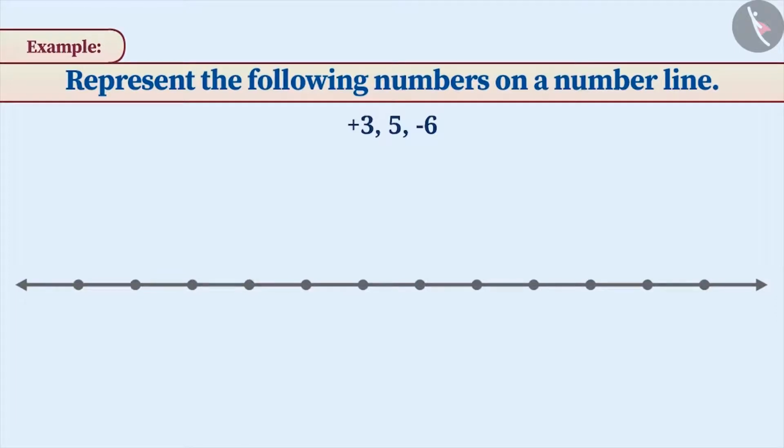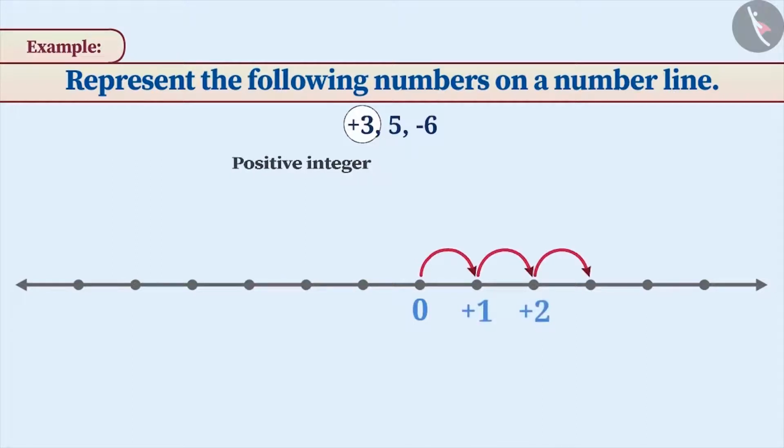Mark any point as 0. The first number we have to mark is plus 3, which is a positive number. Move 3 places to the right and mark the number that you arrive at as 3. This is 3 points to the right of 0.